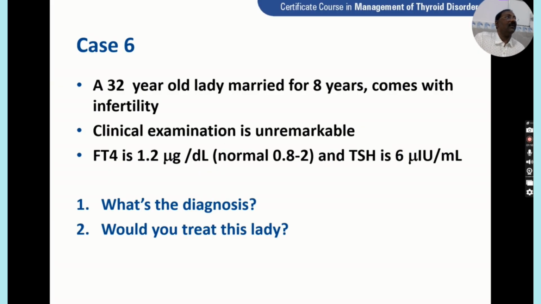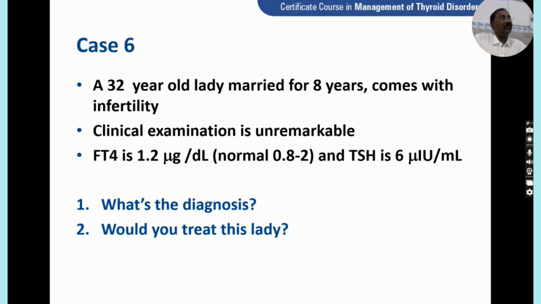Infertility, pregnancy, symptomatic, goiter, TPO antibodies positivity: these are the indications to treat even though the patient has subclinical hypothyroidism. There are 5 or 6 indications: presence of goiter, pregnancy, infertility, symptomatic, TPO antibodies positivity.